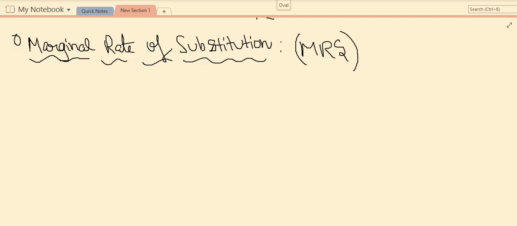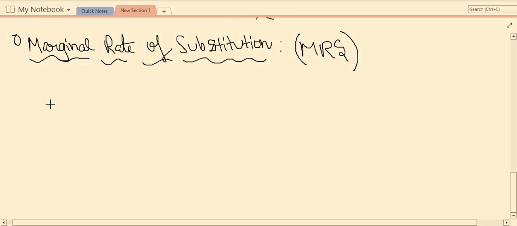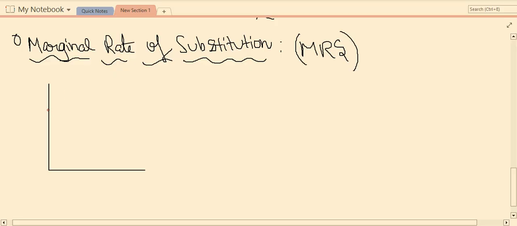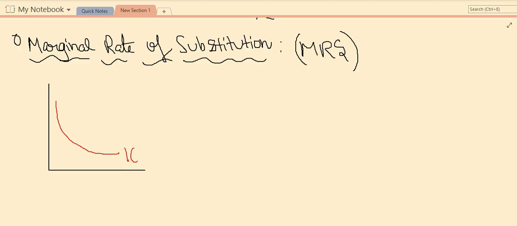When we say well-behaved IC, what we mean by that is these are well-behaved convex ICs. Okay, now let's draw the IC. Now this is one well-behaved IC, a downward sloping, convex IC. Now we want to know what a marginal rate of substitution is.